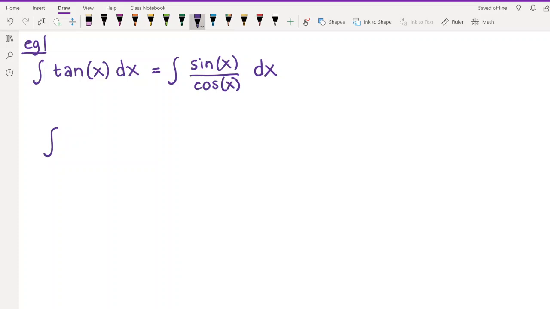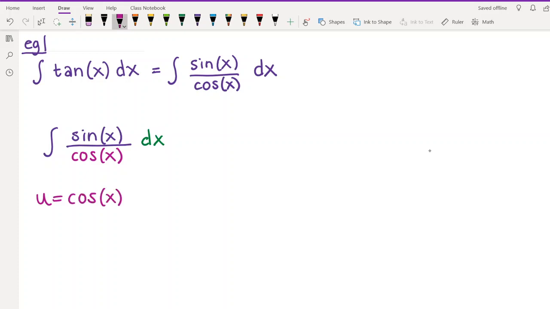So I'm going to rewrite this again with the color coding that I've been doing. We put the denominator as cosine of x, and then we have our dx. So if we let u equal cosine of x, then du dx is equal to the derivative of cosine, which is negative sine of x.